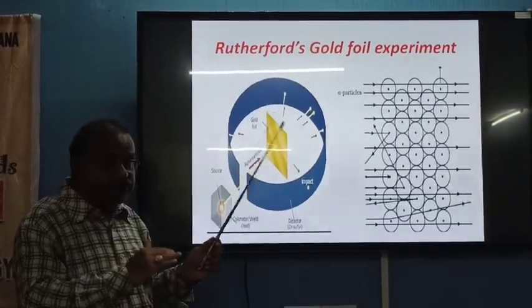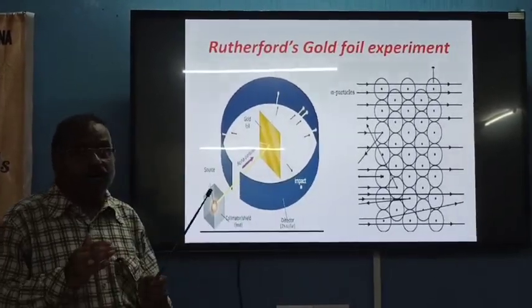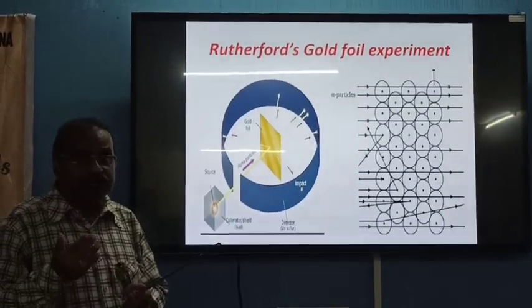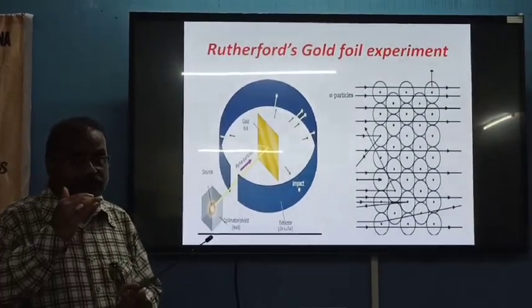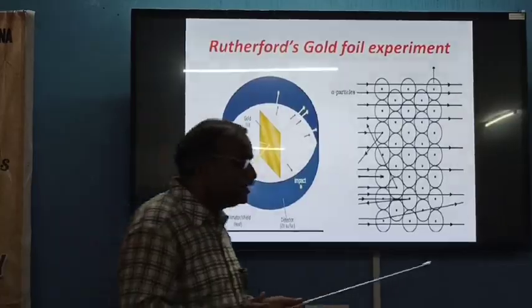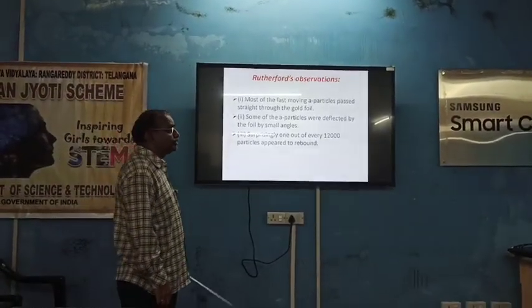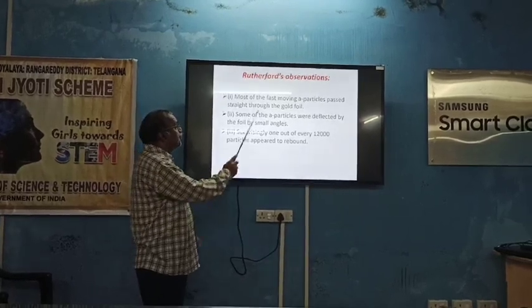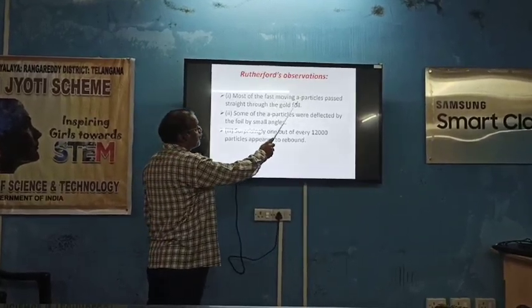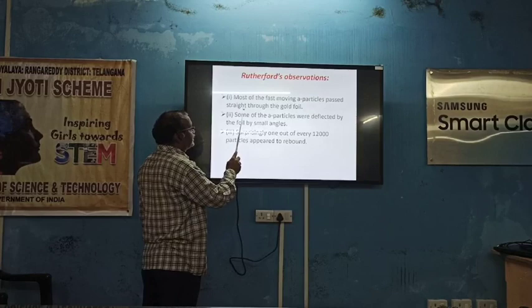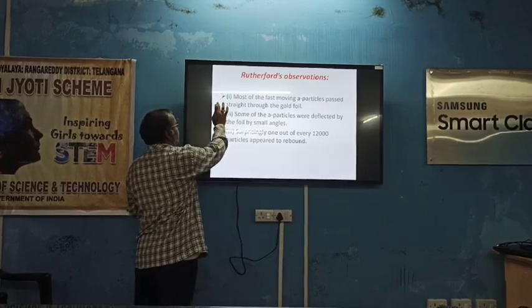So this is the experiment he started, what he observed, what he concluded, and what his model is. You have to check them one by one. What did Rutherford observe from this experiment? Most of the fast moving alpha particles pass straight through the gold foil.